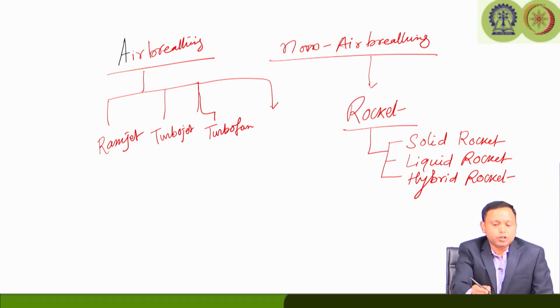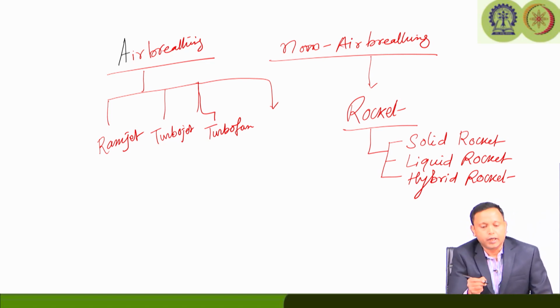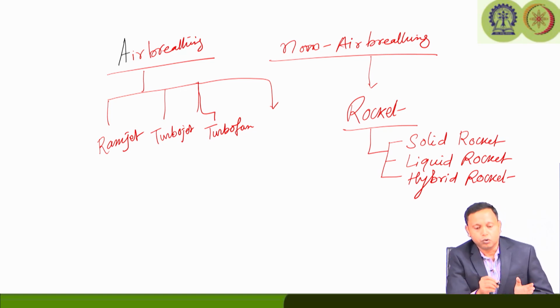Ramjet, turbojet, turbofan, turboshaft are under the category of air breathing engines. I do not need to introduce those engines because I am quite sure that you have learned about them in other courses, for example, theory of jet propulsion, introduction to propulsion or aerospace propulsion. So, let us not spend time on that. I would rather restrict our discussion to the rocket side.